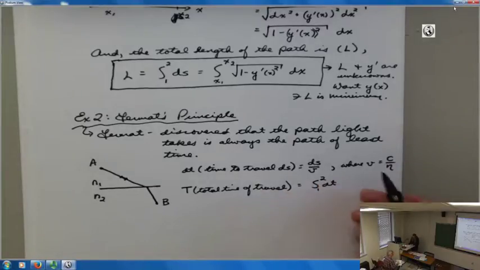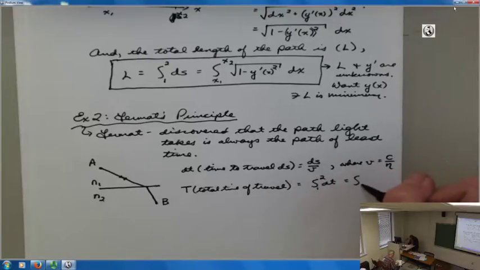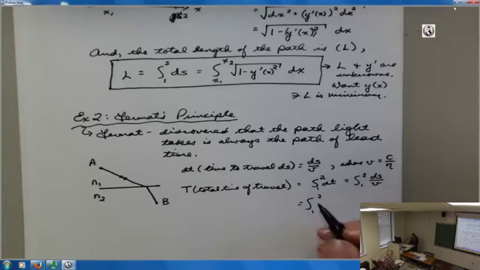And then I can make my substitution from my expression above: the integral from 1 to 2 of ds over v, which is equal to the integral from 1 to 2 of ds times the index of refraction divided by c.